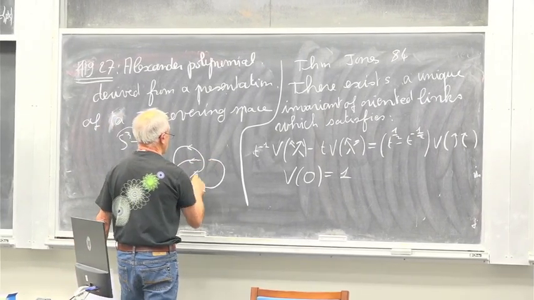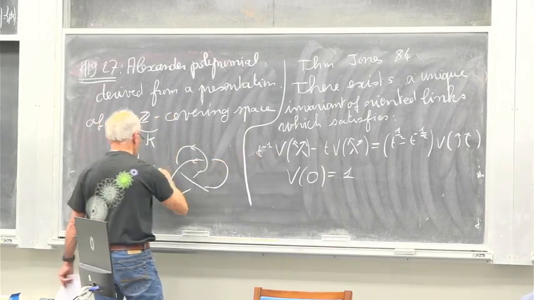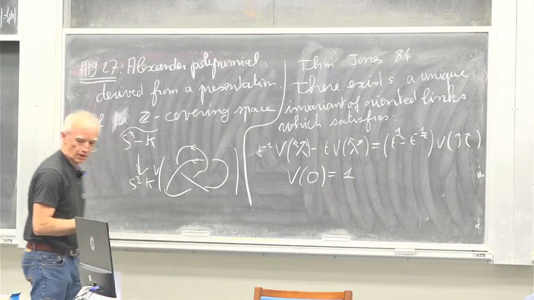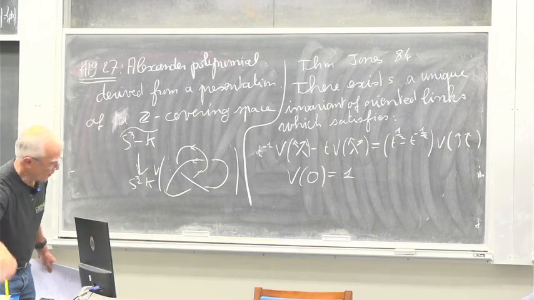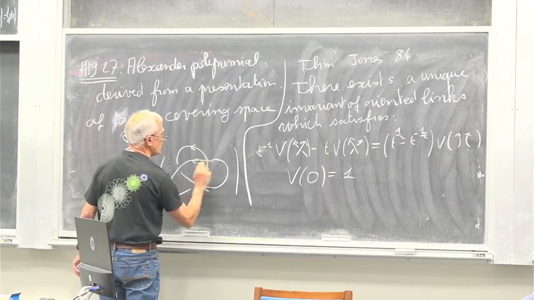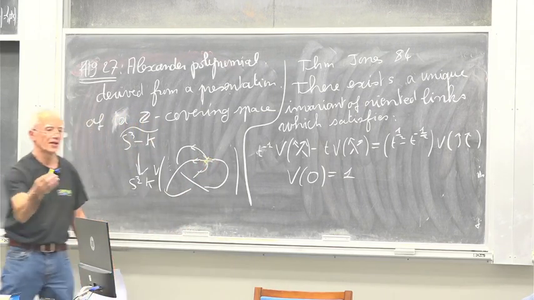This is a positive crossing like this. So V of this diagram will be in relation with V of the other crossing, and no crossing. So recursively, you can compute.